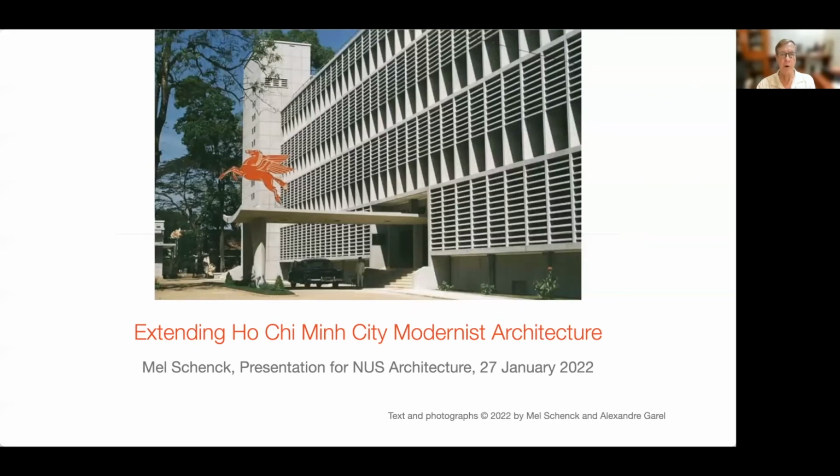This vocabulary of Vietnamese modernism became an important kit of parts for the Vietnamese people themselves to design their own urban shop houses and rural houses. But the Vietnamese architects were dedicated to using this vocabulary to accommodate the tropical climate.